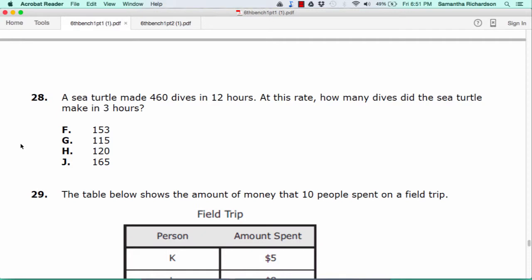Question 28. A sea turtle made 460 dives in 12 hours. At this rate, how many dives did the sea turtle make in 3 hours? F. 153. G. 115. H. 120. J. 165.